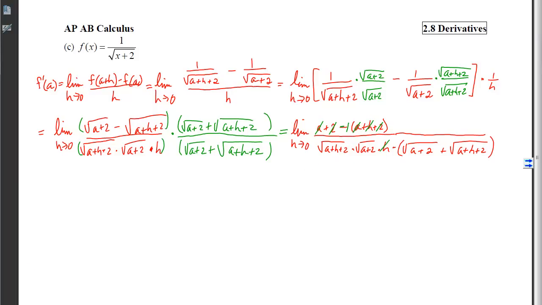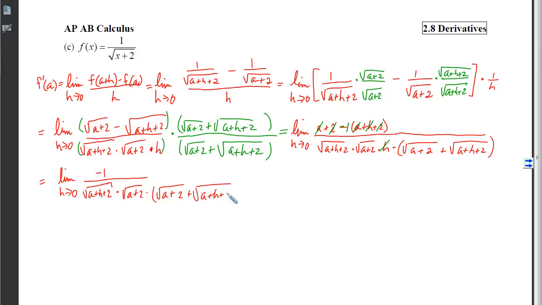So by the time I have reduced and factored and done all of this nightmarishly long algebra, I'll end up with a negative 1 over that big mess on the bottom. But what's nice about that big mess on the bottom is that it does not have an h as a factor. So I can plug in h equals 0 now and compute the limit.